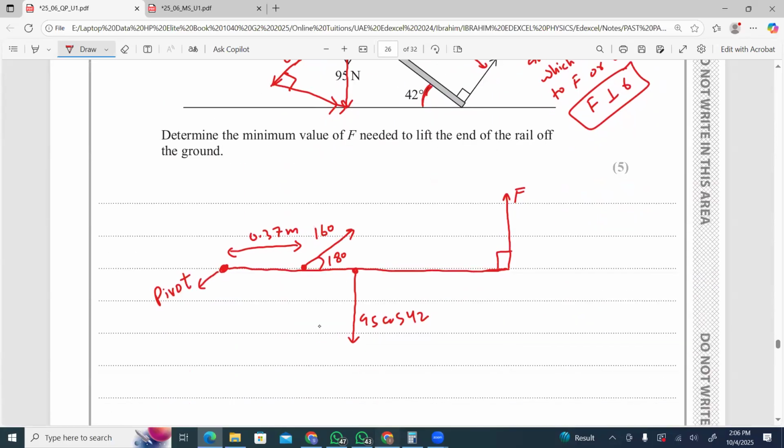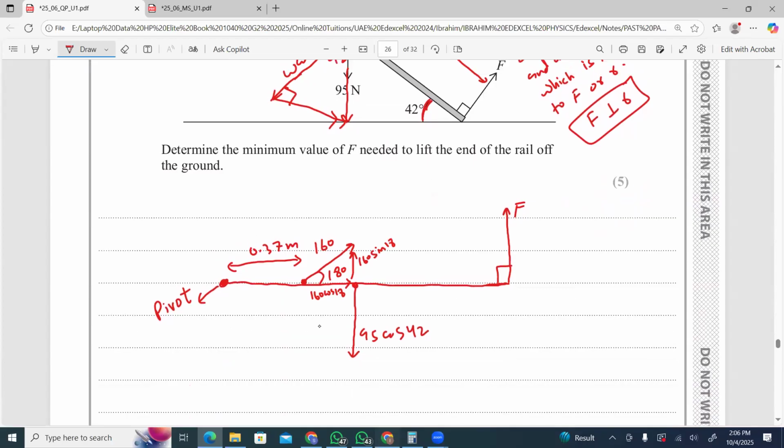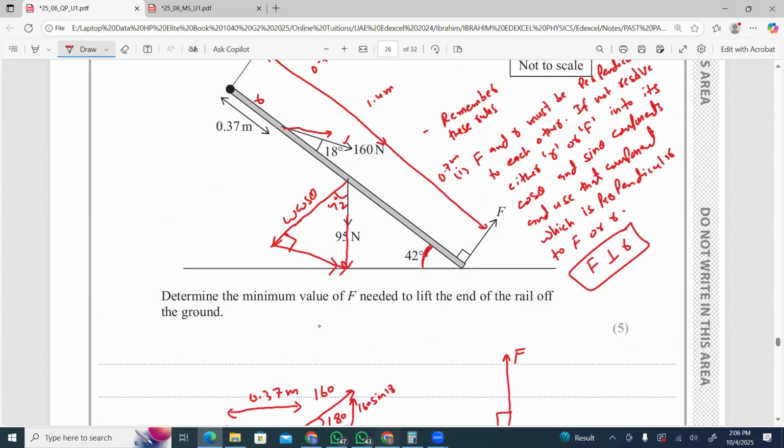I have to go down and resolve this 160 Newton into two components. Now this will be 160 cos 18 and this will be 160 sin 18. So the rule was, if the force and distance are not perpendicular to each other, you have to resolve either force or distance into two components.